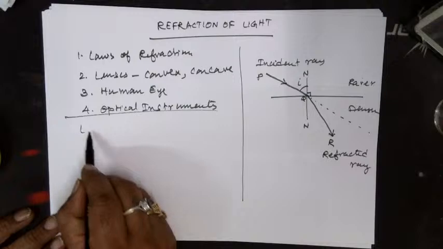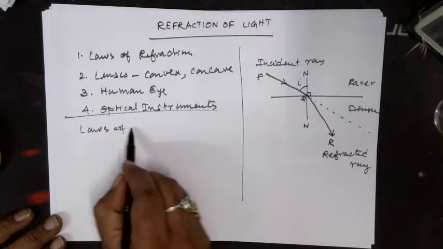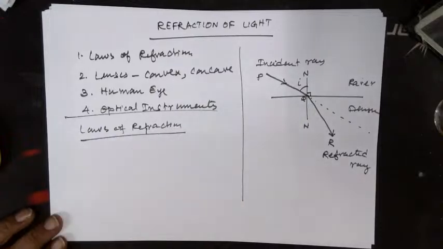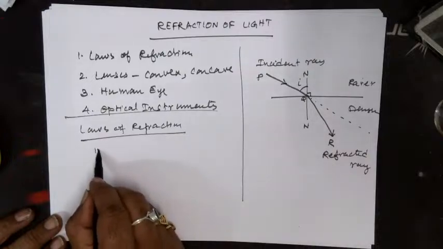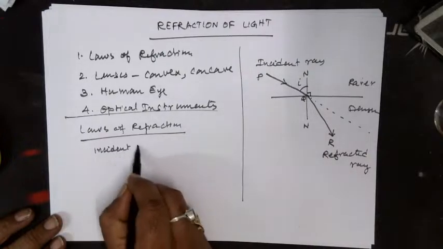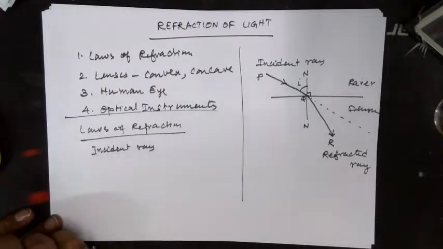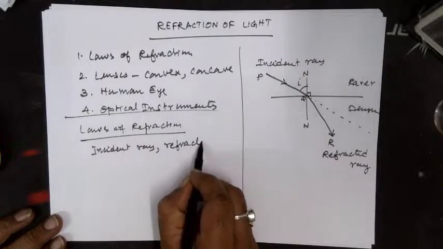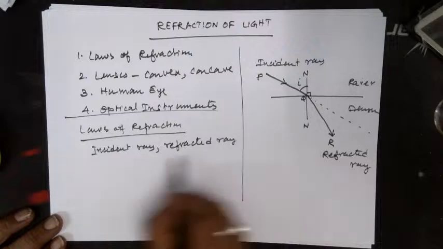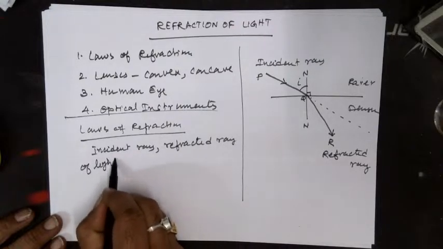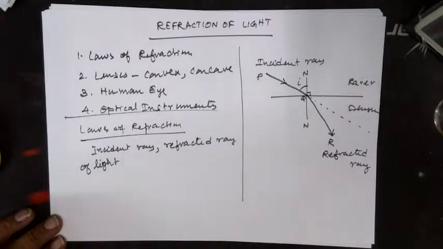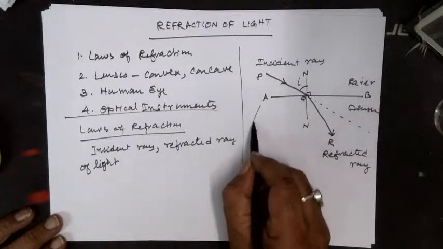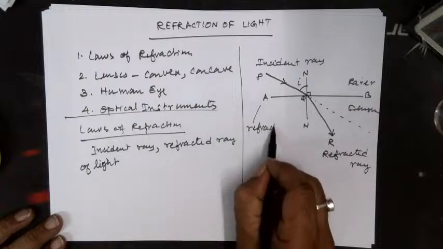Now, according to the laws of refraction, the incident ray, the refracted ray of light and the normal to the refracting surface, let me say AB is the refracting surface. You can also draw the diagram.